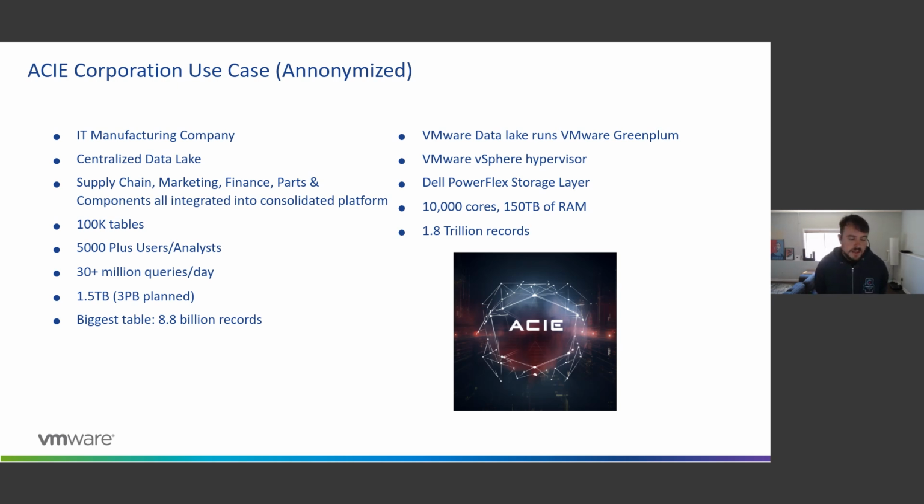And so they have this large virtualized system for the Greenplum platform that is very successful in providing a nice stable platform that's high performant and can handle this massive scale that this corporation runs at.